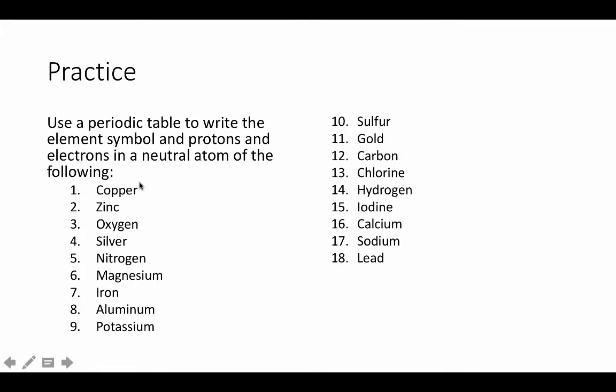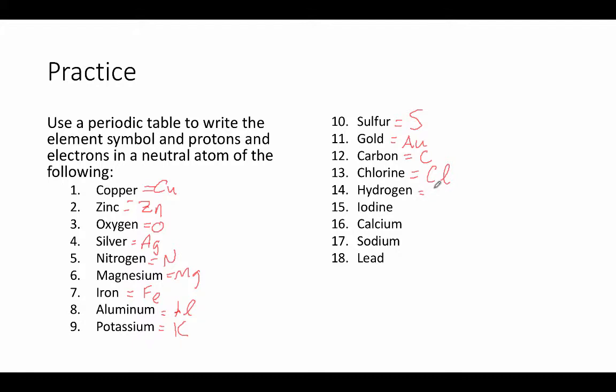To check your answers, copper has a symbol of Cu, zinc has a symbol of Zn, oxygen has a symbol of O, silver has a symbol of Ag, nitrogen has a symbol of N, magnesium has a symbol of Mg, iron has a symbol of Fe, aluminum has a symbol of Al, potassium has a symbol of K, sulfur has a symbol of S, gold has a symbol of Au, carbon has a symbol of C, chlorine has a symbol of Cl, hydrogen has a symbol of H, iodine has a symbol of I, calcium has a symbol of Ca, sodium has a symbol of Na, and lead has a symbol of Pb.